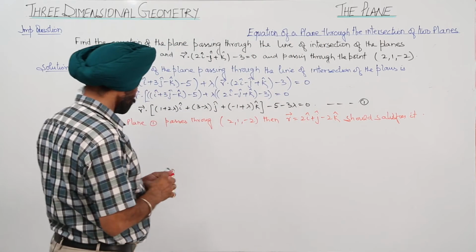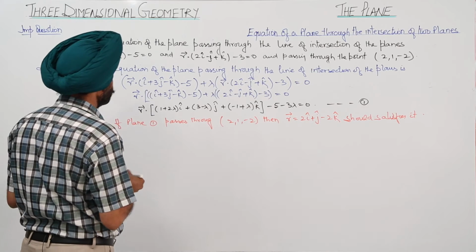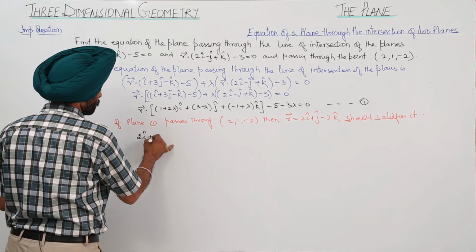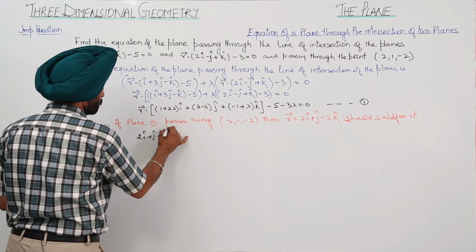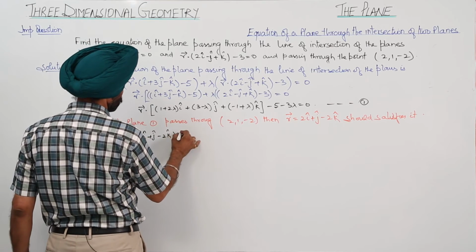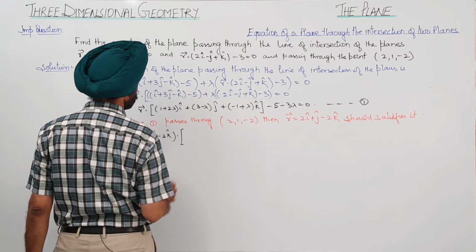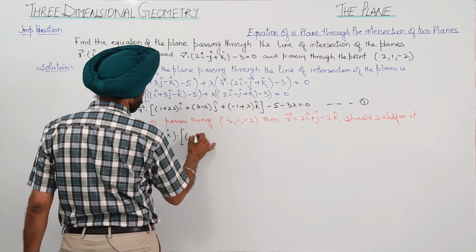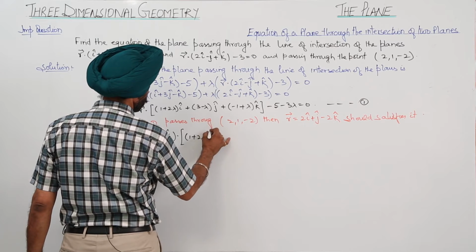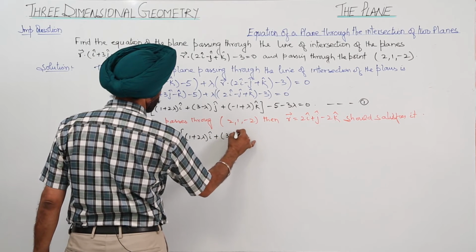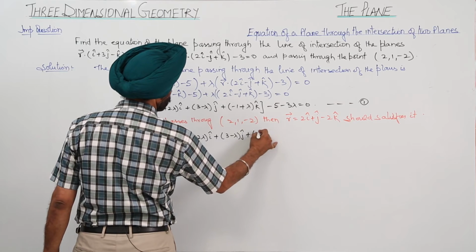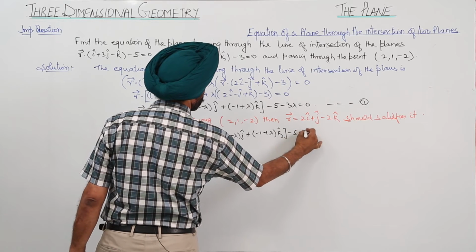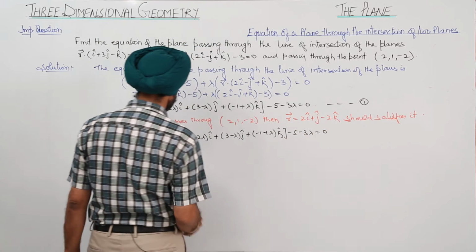Okay. So now (2 i cap + j cap - 2 k cap) dot ((1 + 2 lambda) i cap + (3 - lambda) j cap + (-1 + lambda) k cap) - 5 - 3 lambda is equal to 0.